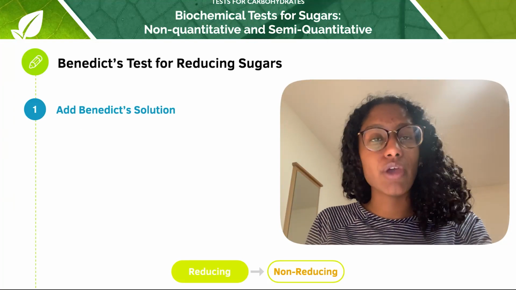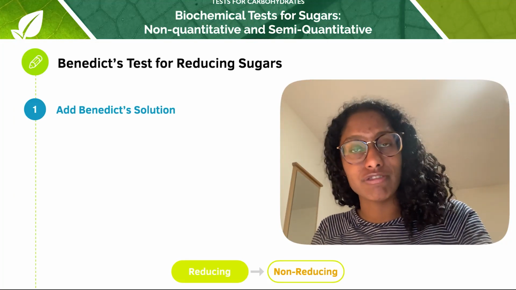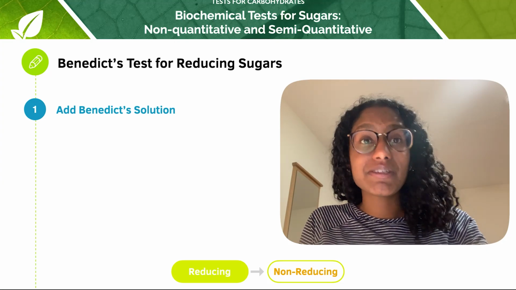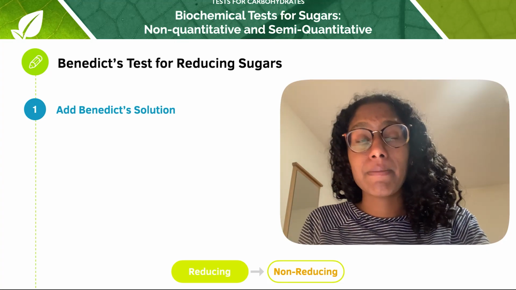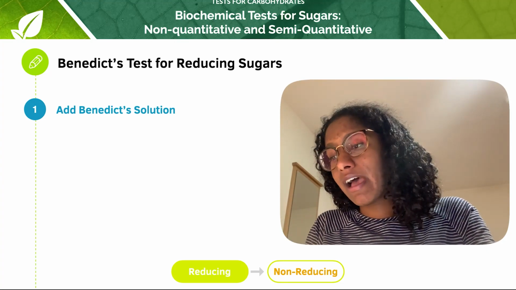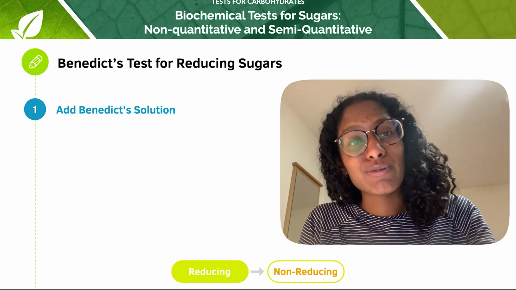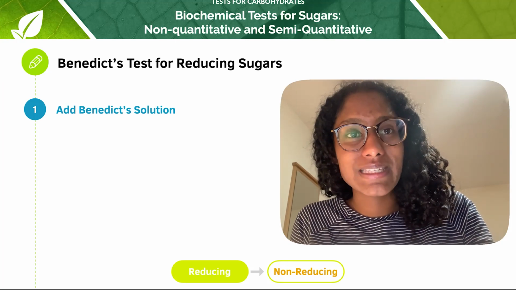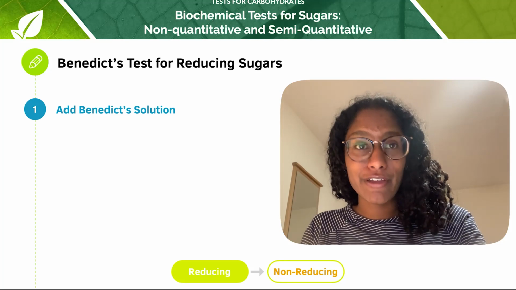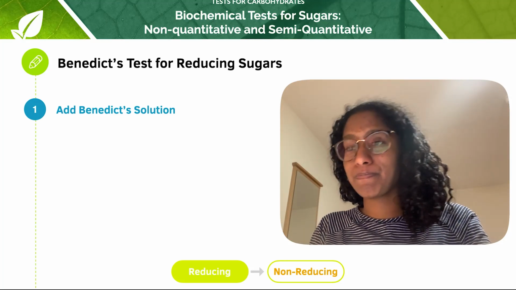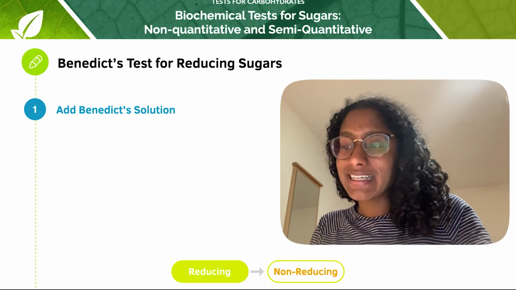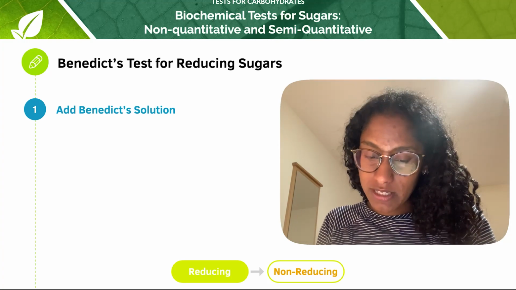Okay, so now that you know what a reducing sugar is and a non-reducing sugar is, I'm going to explain Benedict's solution and the Benedict's test. I'm going to break it down into a little bit more detail because I think that makes it make more sense. So Benedict's solution is essentially copper sulfate.